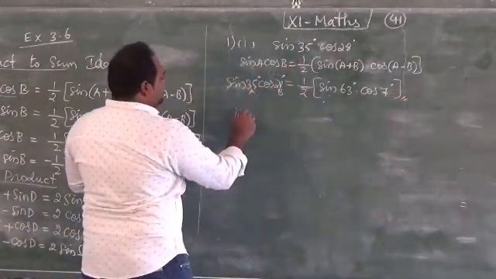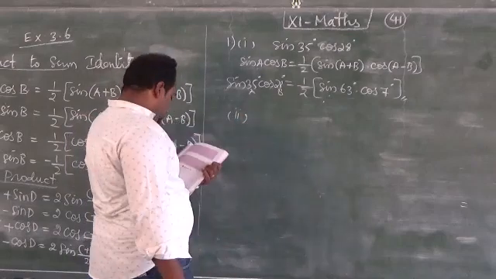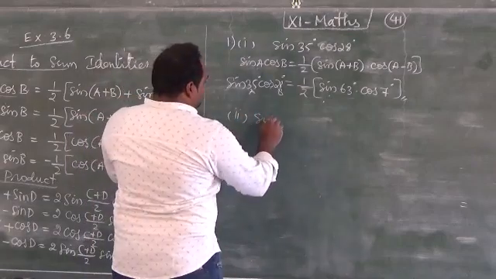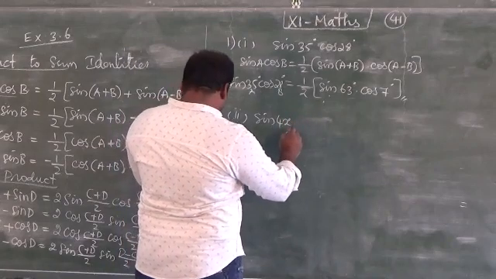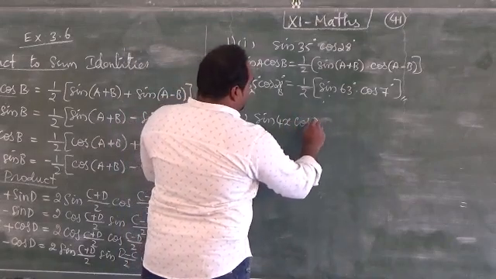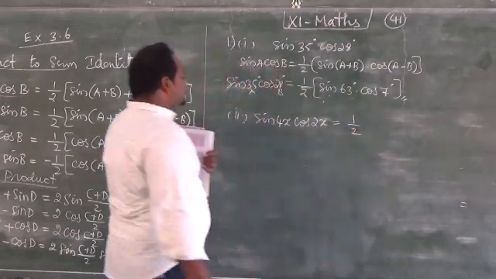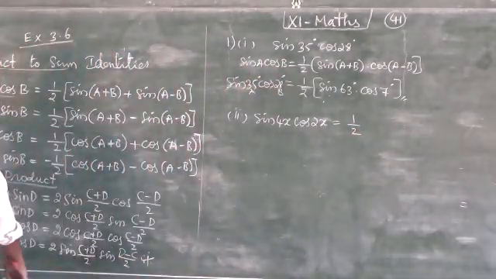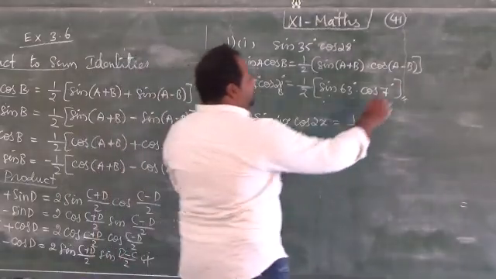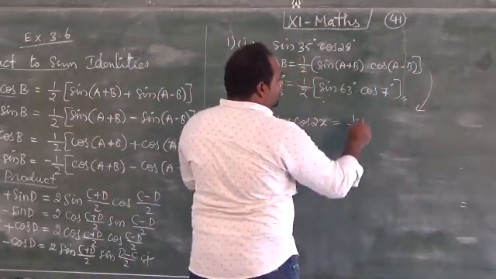Second subdivision, sin 4x cos 2x equals 1 by 2 [sin 6x plus sin 2x]. The same formula I am going to use here.